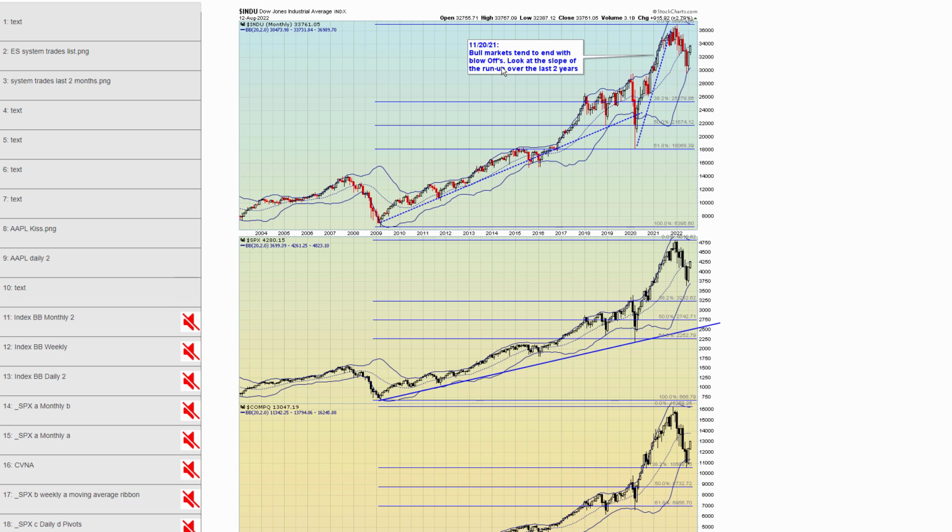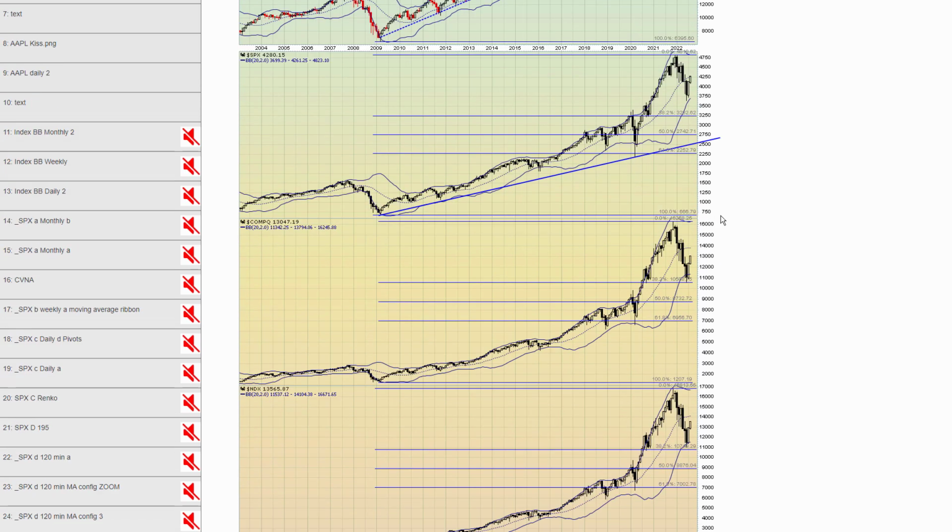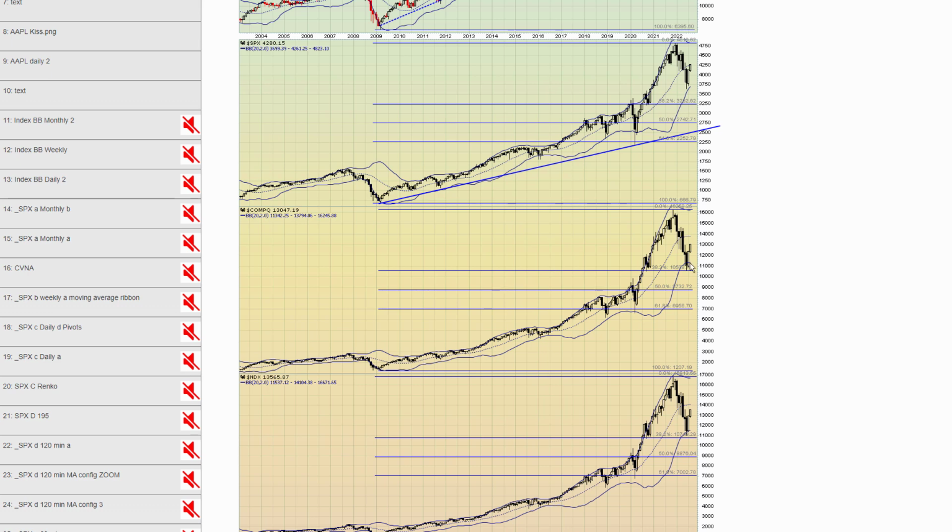We'll start with the bigger picture monthly chart. So here's the snapshot of the major indexes, monthly chart. Again, another solid monthly candle so far. Remember, we're mid-month, okay? As you can see, the Dow and S&P rallied basically off their lower monthly Bollinger Bands, which we discussed 2 months ago. The NASDAQ, same thing.